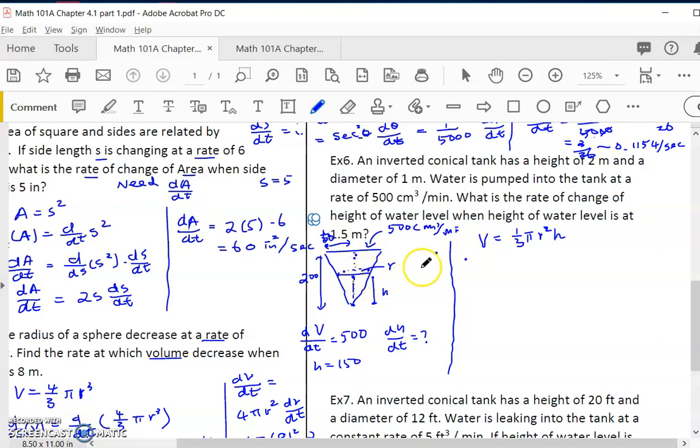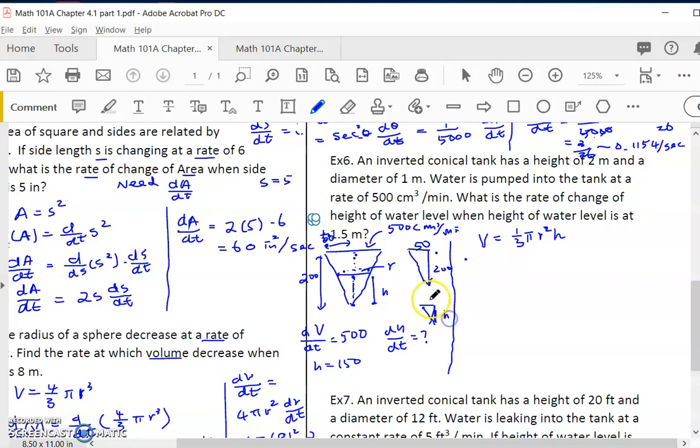R and H are related to the original cone by similar triangles. If you look at the big triangle of the cone, half of the cone, you have 50 as the radius and 200 as the height.